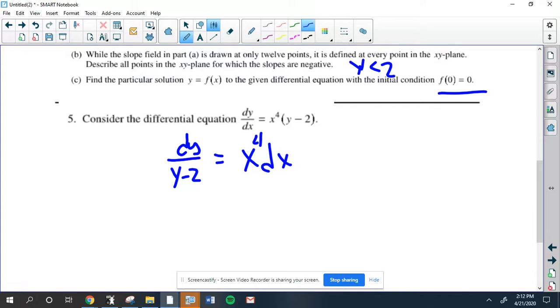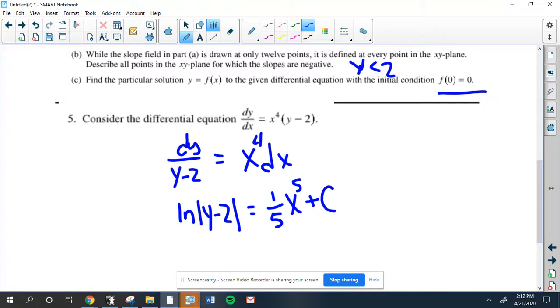Integrate. This is the natural log. This is 1/5 x to the fifth. Don't forget your plus c. That's very important. We can decide to solve for c right now, and I'm going to do that.